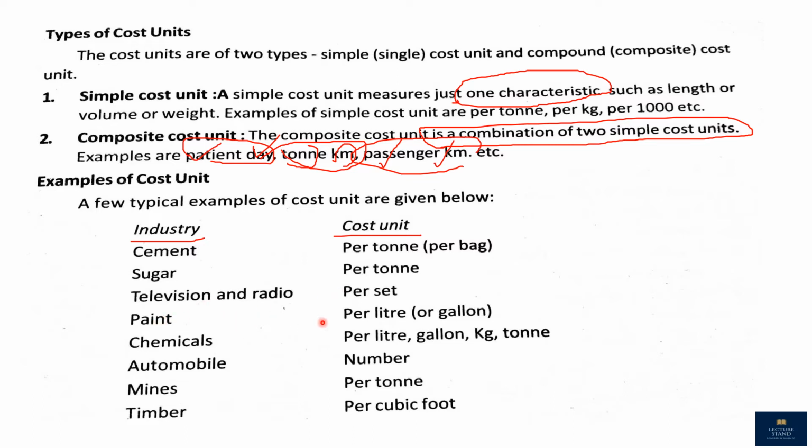Paint, per liter or gallon. Chemicals, per liter, gallon, kilogram, ton. Automobiles, numbers, 3 cars, 4 bikes. Mines, per ton. Timber, per cubic foot. This is some examples of products and cost units.